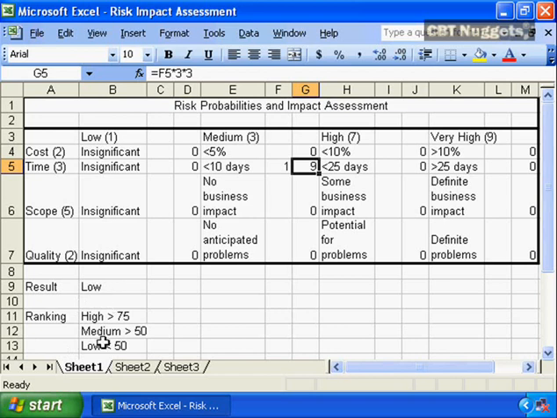ranking for the risk, where the ranking is determined by low if the sum is less than 50, medium if it's greater than 50 and less than 75, or high if it's greater than 75. Now each of these numbers, the ranking of low, medium, high, the evaluation of the weights for cost, time, scope, quality, and the rankings for the impact probability will be determined by you as part of your stakeholder analysis.